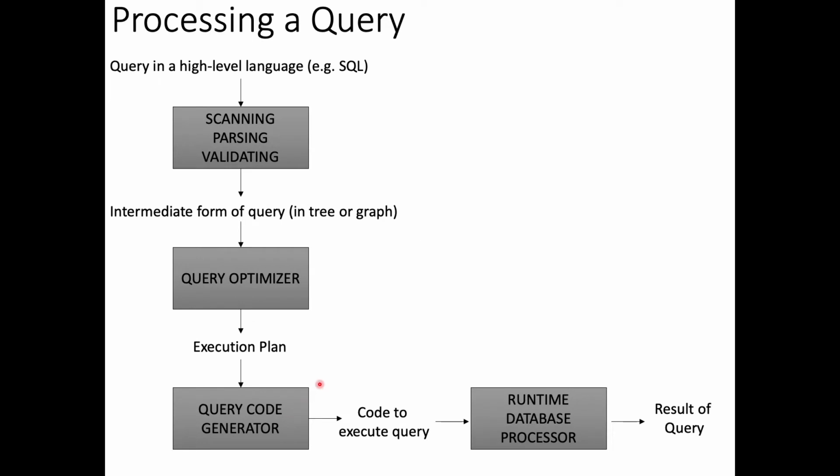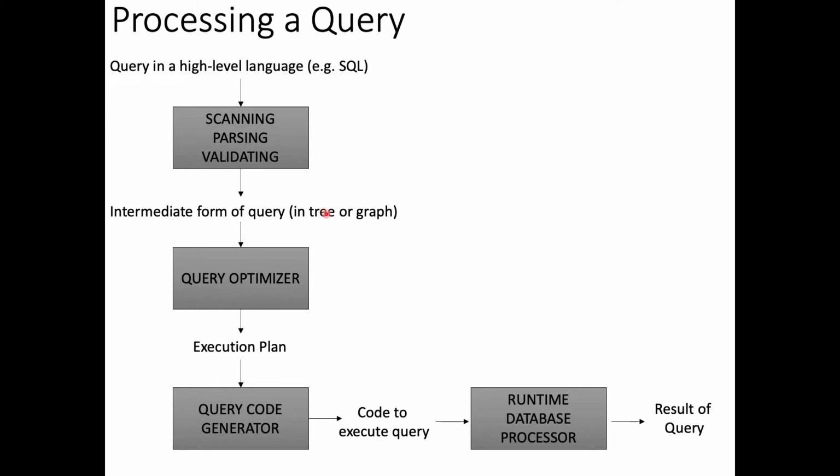Okay, so let's start with this image. This image basically describes how the DBMS processes a query. It describes how a query written in a high-level language such as SQL is converted to the result of the query. So it starts with scanning, parsing, and validating. The result of this process is an intermediate form of a query in tree or graph-like form.